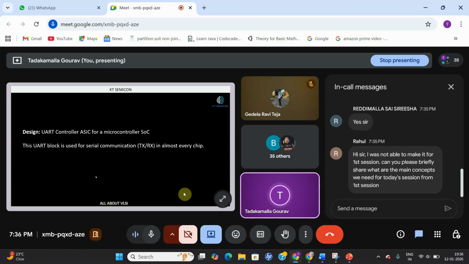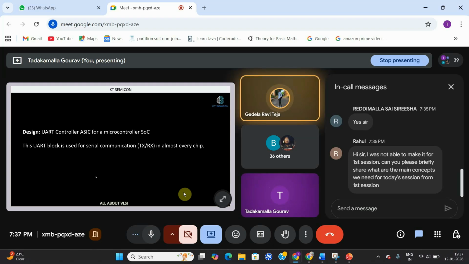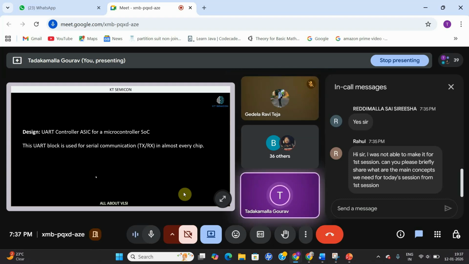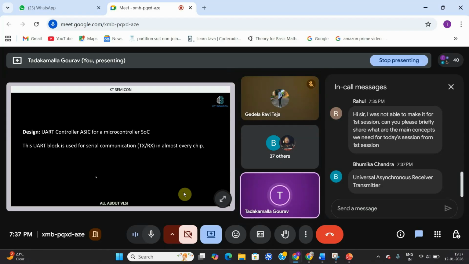So can anyone tell me what you mean by a UART? Full form of UART, anyone knows? Okay, so Universal Asynchronous Receiver Transmitter. Now, where do we find this UART? What is the need of this particular UART?